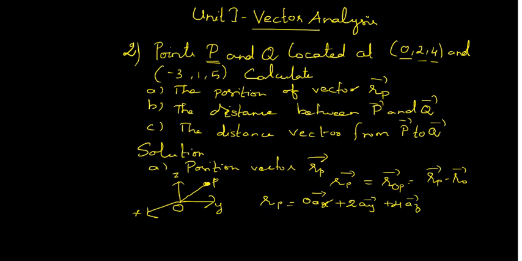Then Ro is equal to, you know the origin, it is 0, 0, 0. So 0 Ax vector plus 0 Ay vector plus 0 Az vector. Now you have to take the difference between Rp and Ro. So let me do that in the second page.